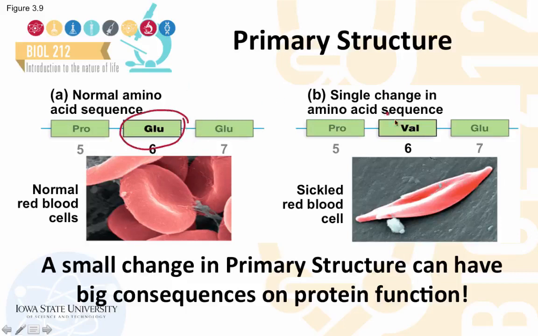If that amino acid changes to valine, the protein cannot maintain its shape, and thus the red blood cells lose their natural shape. This altered form of hemoglobin cannot bind oxygen very well, leading to a condition called sickle cell anemia.